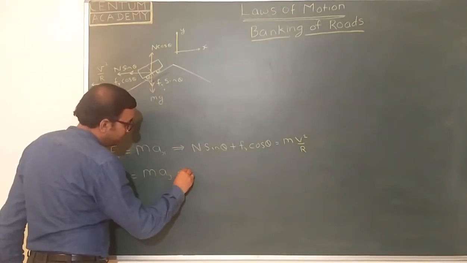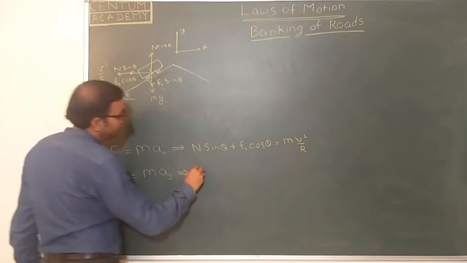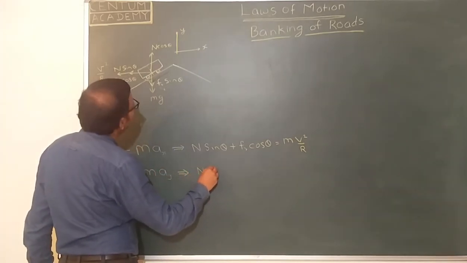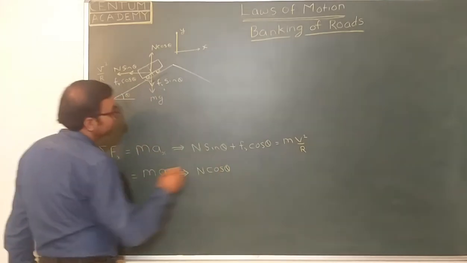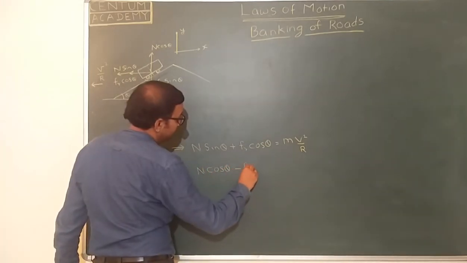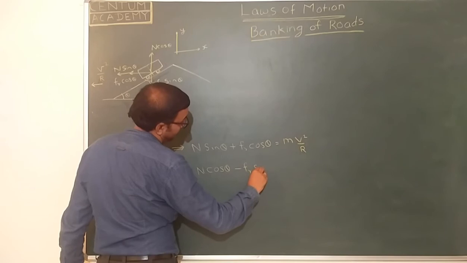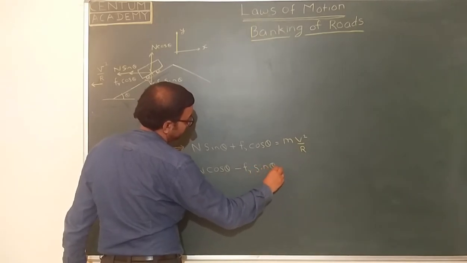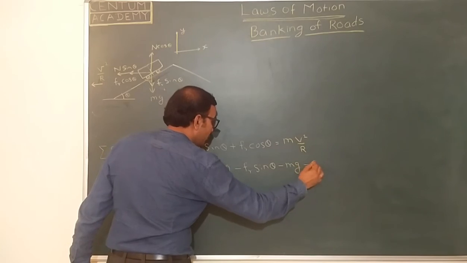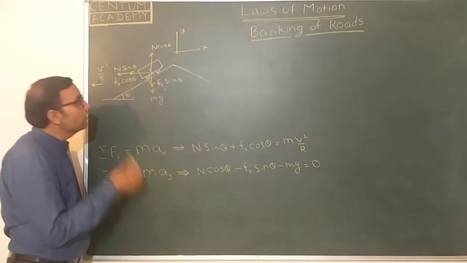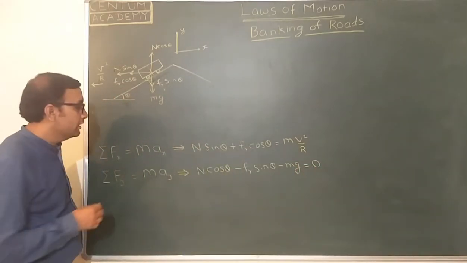And this equation will give me n cos theta minus Fr sin theta minus mg is equal to 0, because there is no acceleration along the y direction, right?